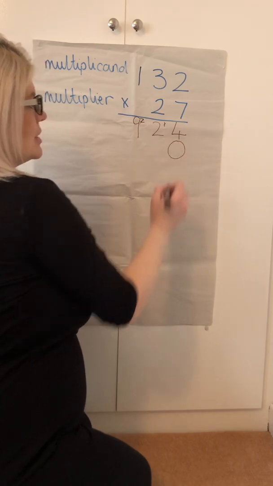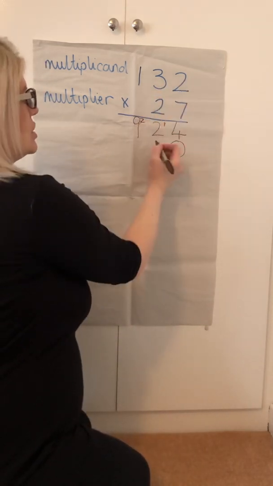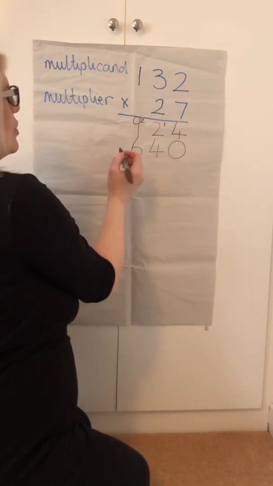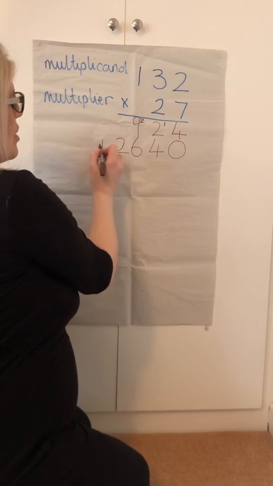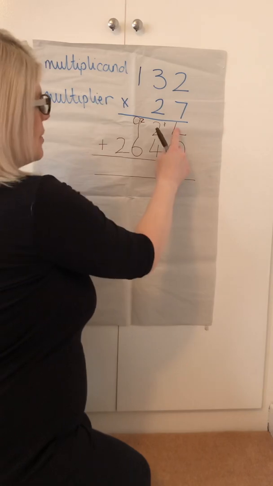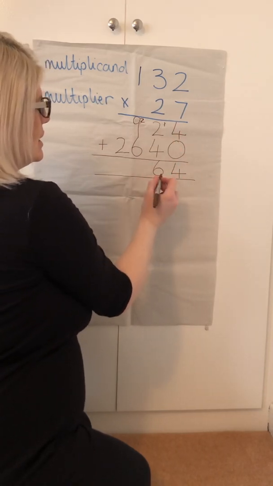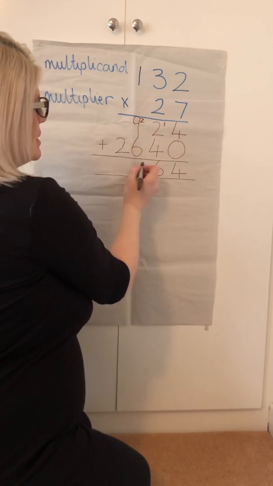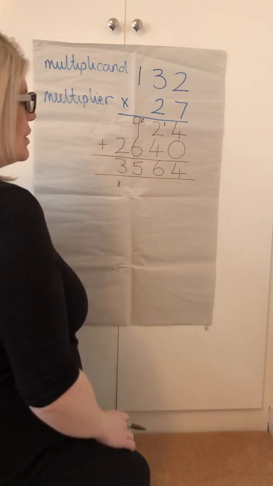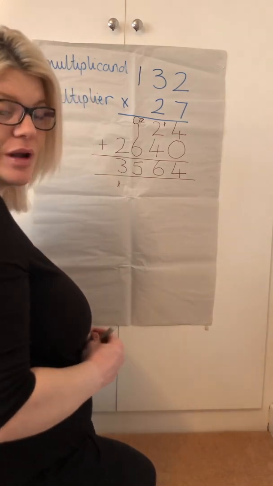I must put my 0 placeholder because it's representing 20. 2 times 2 is 4, 2 times 3 is 6, 2 times 1 is 2. And then I add and find the total to get my answer. 4 add nothing is 4, 4 add 2 is 6, 9 add 6 is 15, 2 add 1 is 3. 3,564 is the answer, my product.